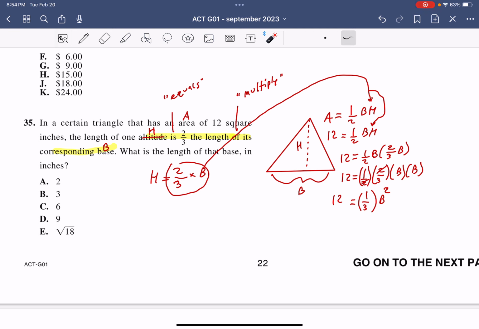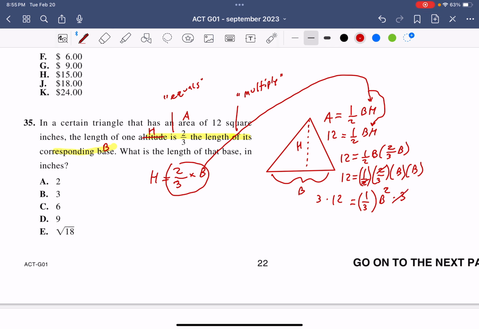So start with the outermost item that is doing an operation on it. In this case, the 1/3 is farther out than the square, and you're going to go ahead and get rid of this 1/3. So to do that, we can multiply both sides by 3.